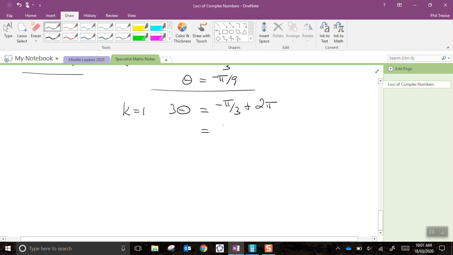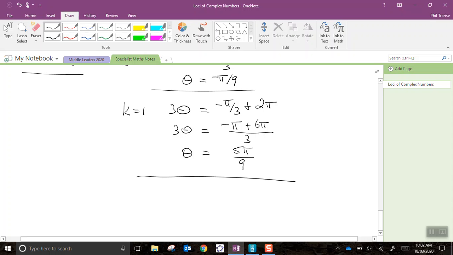So that is negative pi plus, let's have it all over 3 to start with, that would be 6 pi. That's still 3 theta. That 6 minus 1 would be 5 pi. Now if I divide by the 3, it'll be 5 pi over 9.